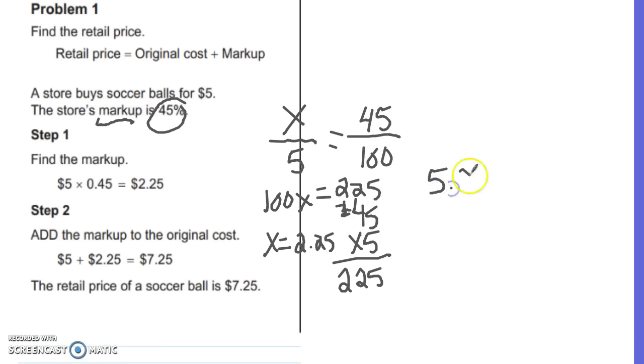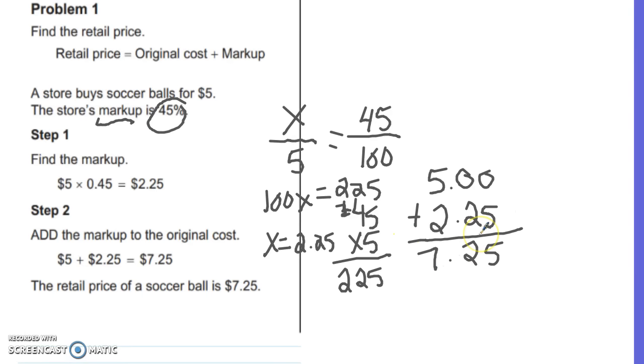So line up the dot, $5. If the decimal's not in sight, it's on the right. You are going to add them up and you're going to get $7.25. So with markup, you do a percent proportion and then add your markup to the original.